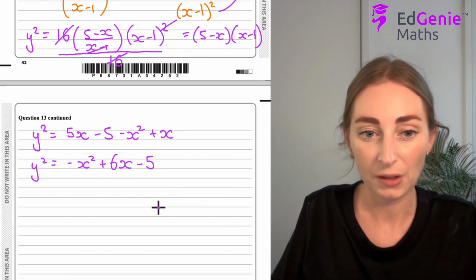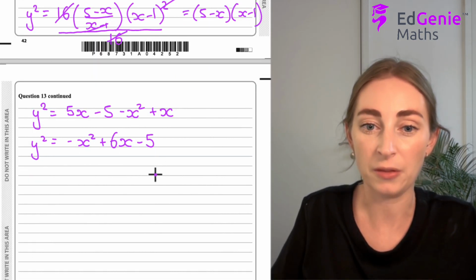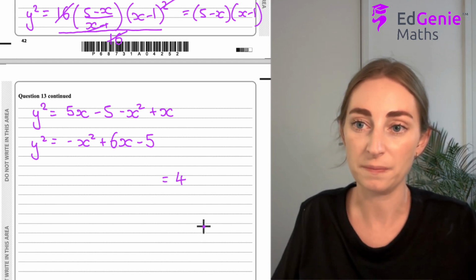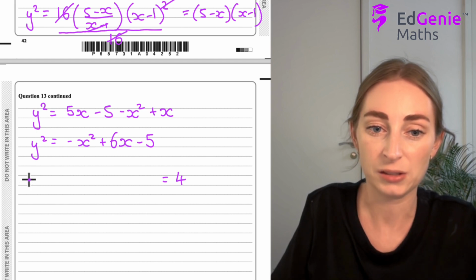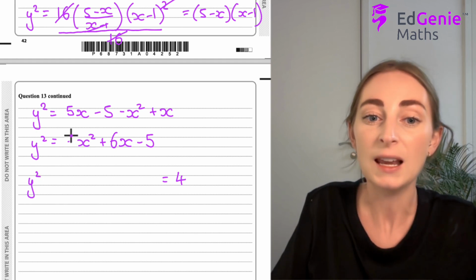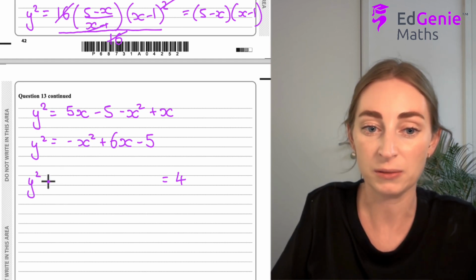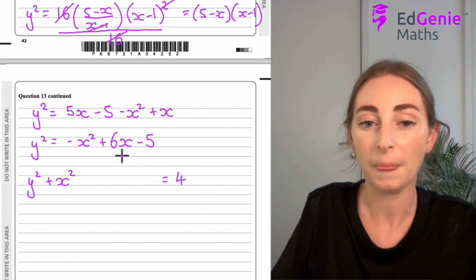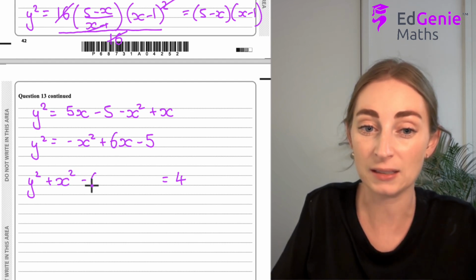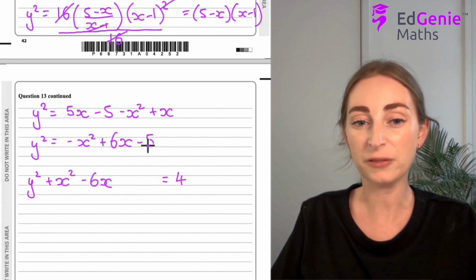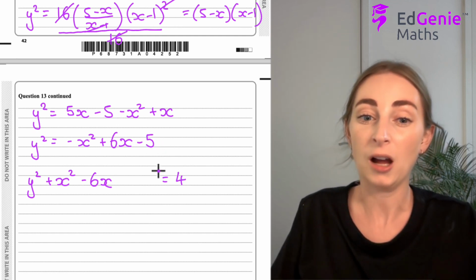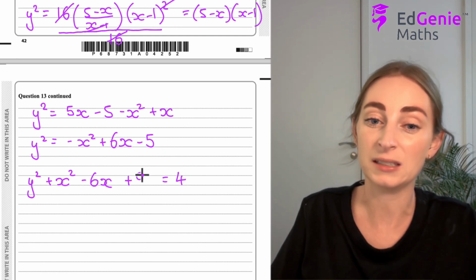So we want to make sure that on the right-hand side of the equation, we've got 4. Everything else we want to be on the left-hand side. So y squared. Let's add x squared to both sides. Let's take away 6x from both sides. And then to get from minus 5 to 4, I'm going to have to add 9 to both sides.